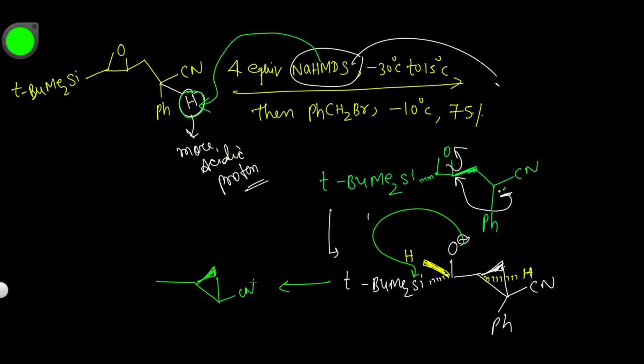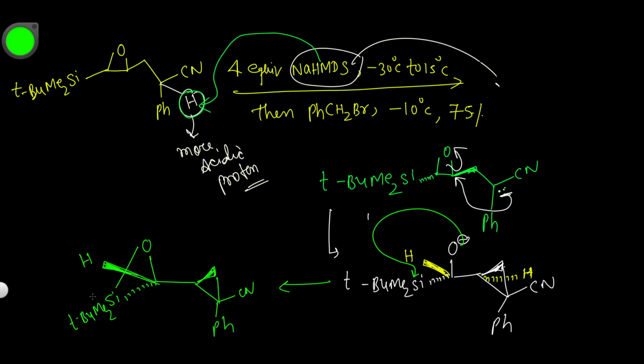You have here CN, you have here Ph, and you have O minus, right? And here silicon, Me2 tBu, right? And we have something like this, and here we have a hydrogen that is above the plane.